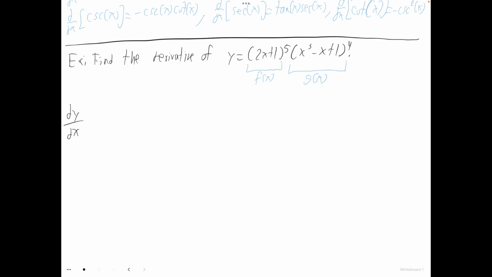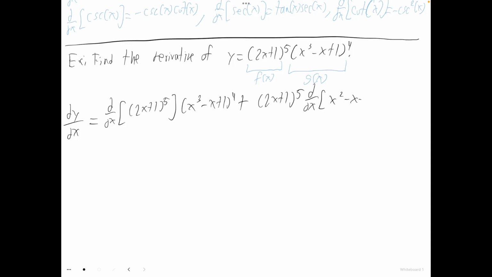The derivative of y with respect to x is going to be the derivative of the first thing, 2x plus 1 to the 5th, times the second thing, x cubed minus x plus 1 to the 4th, plus our first function, 2x plus 1 to the 5th, times the derivative of our second function. We're just using the product rule there.